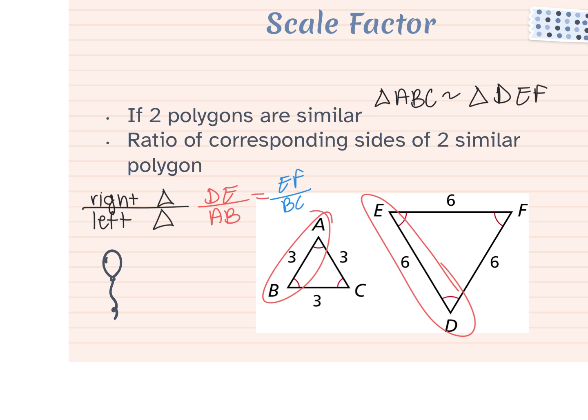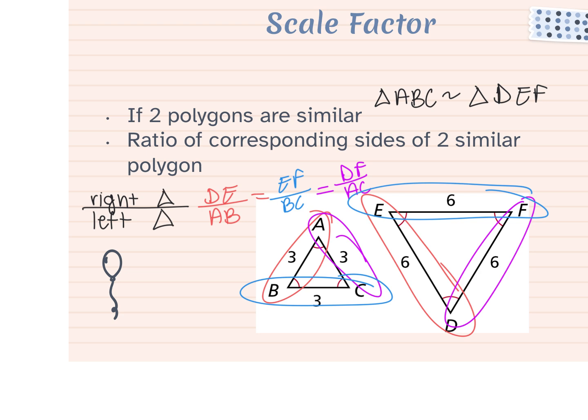I want you to write it from the right image first on top and the left image on the bottom, just so we all get the same answer, because if we're switching them, they're going to be different. So looking at this one, we have DF and then AC. And then this one was BC and EF.